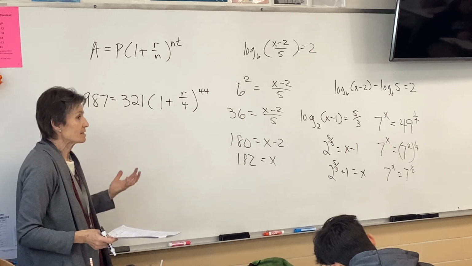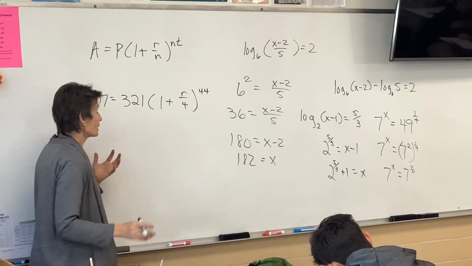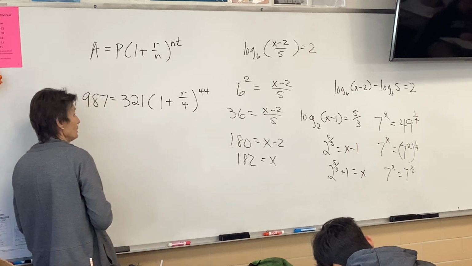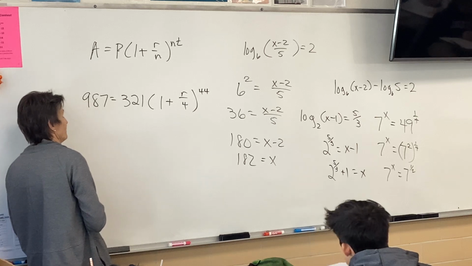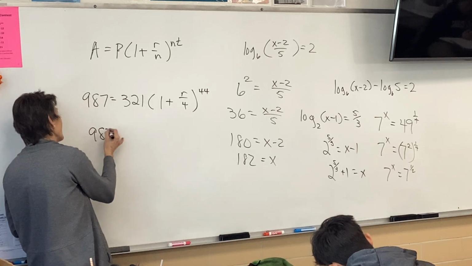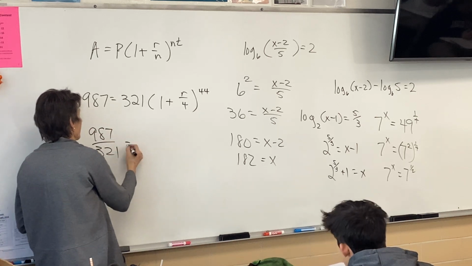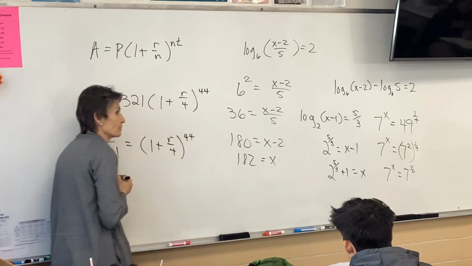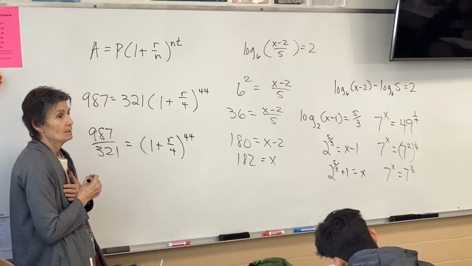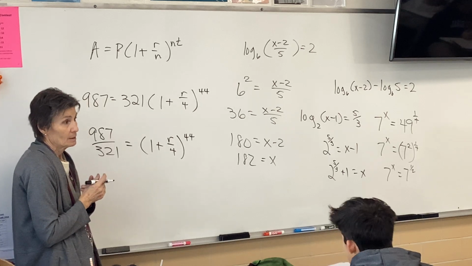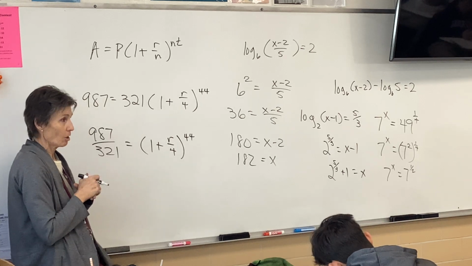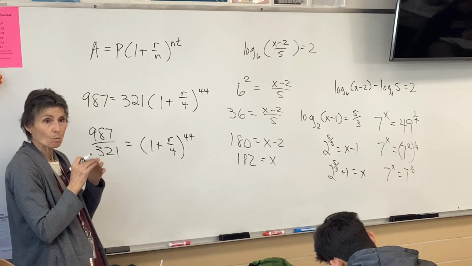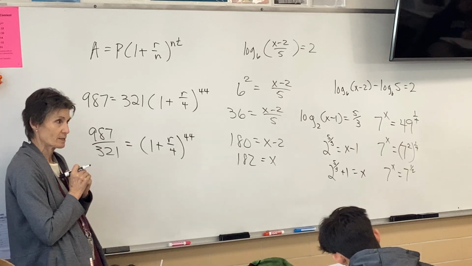We have to know how to put this into our calculator now. So the first thing you're gonna do, always, is divide by 321. So we got 987 over 321. Now, do not take the logarithm of both sides, because when do we take the logarithm of both sides?